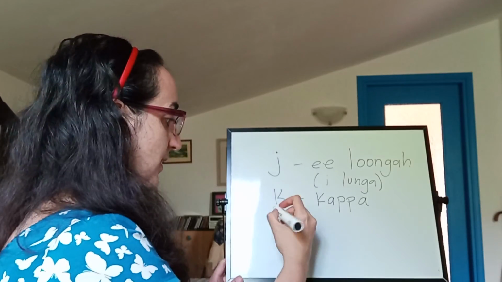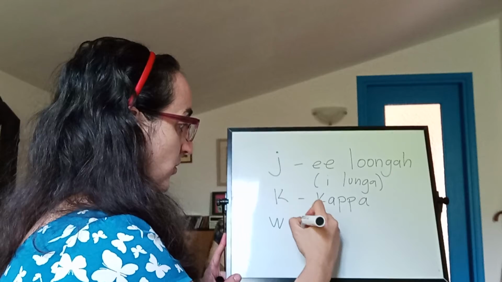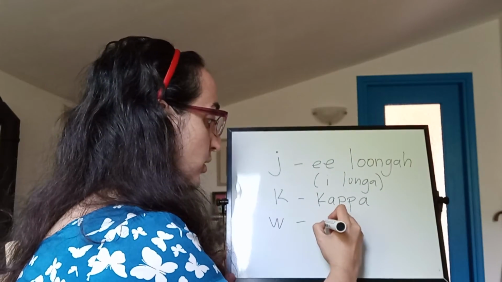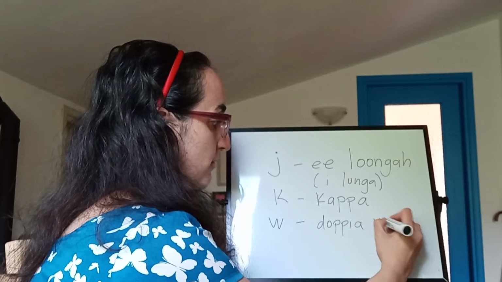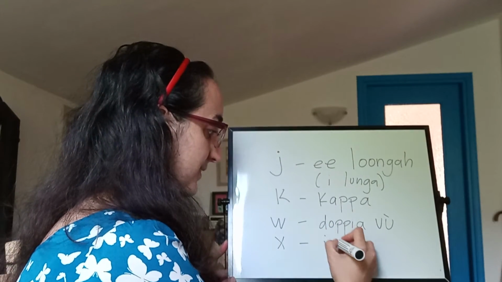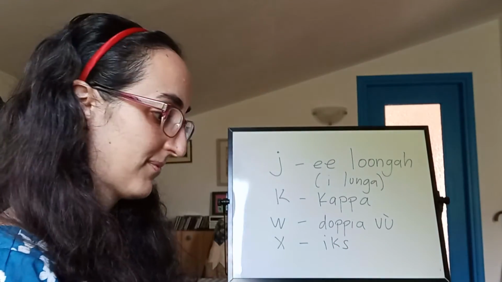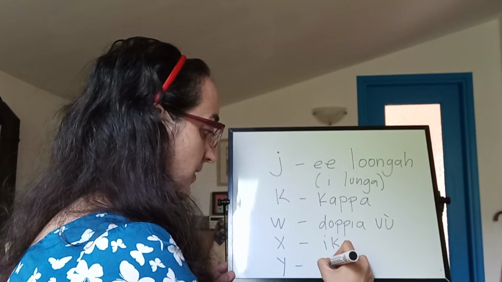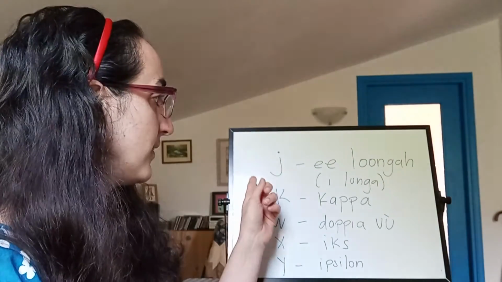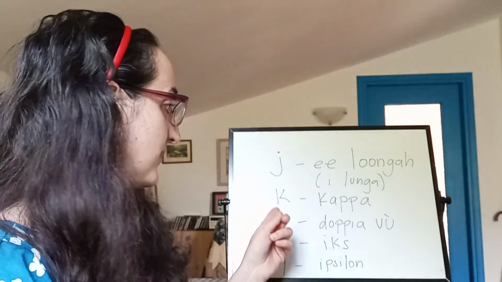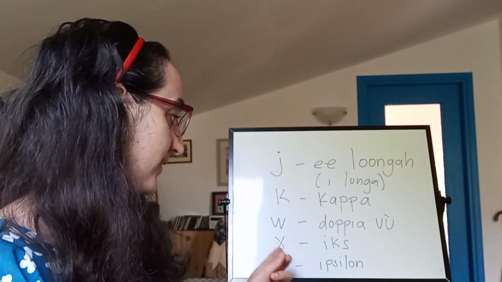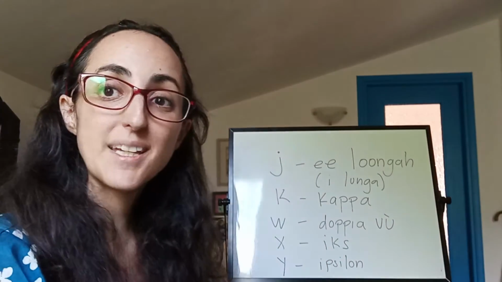W, which in Italian you would say doppia V. Doppia V. Then you have X, and Y. Okay, so the J is I lunga, K kappa, W doppia V, X, and Y.